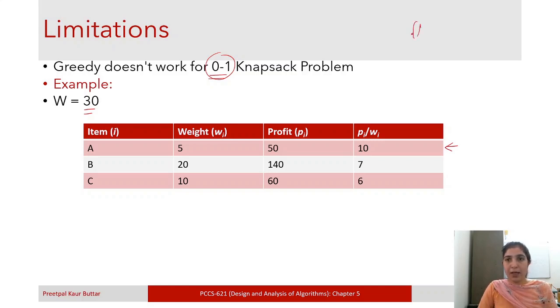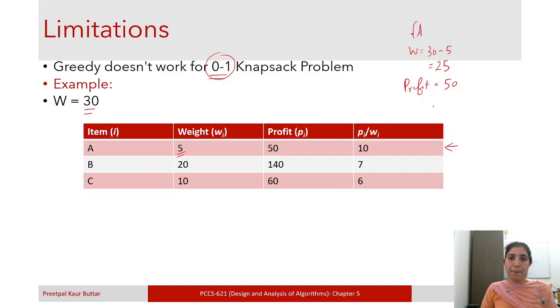So we will pick item A, weight is 5, so the capacity left in the knapsack after picking A is 25.